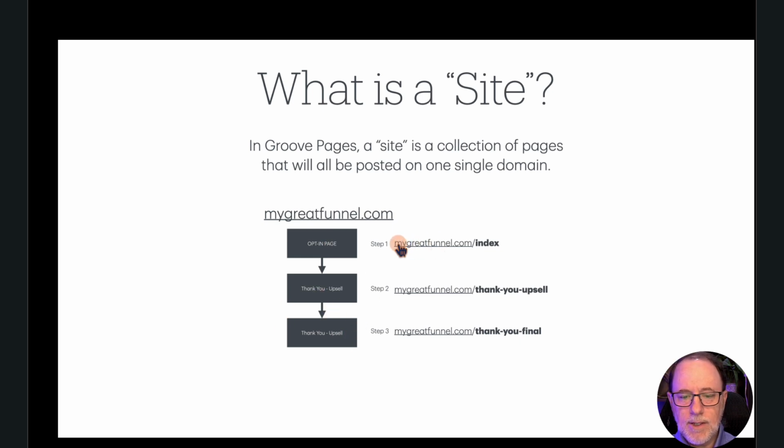And inside you would see the same domain name, mygreatfunnel.com, and then a slash with what's called a slug or a URL on the back end of the slash. So where it says index, where it says thank-u-upsell, where it says thank-u-final, that's actually the address where you can find that specific page on that specific domain. But all of these 3 pages are attached to that one domain.